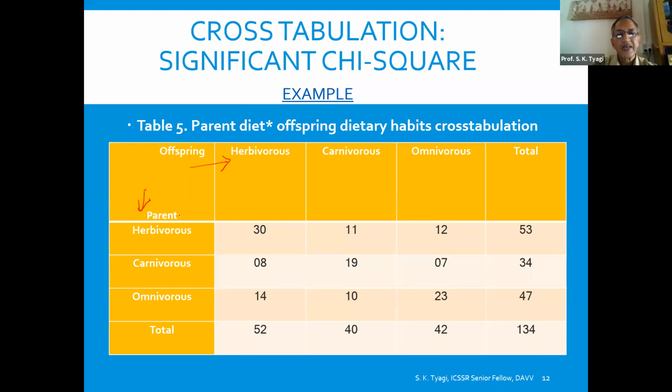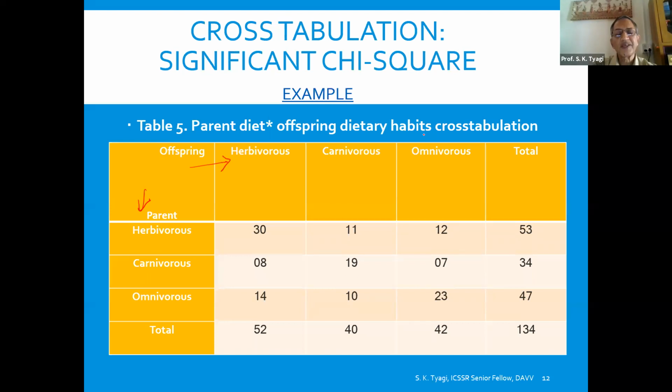So parents have been classified into three categories: herbivorous, carnivorous, omnivorous. We could have vegetarian, non-vegetarian, and both. So herbivorous, carnivorous, omnivorous, and offsprings, herbivorous, carnivorous, omnivorous. So we have three types of dietary habits of the parents and three types of dietary habits of the offsprings.